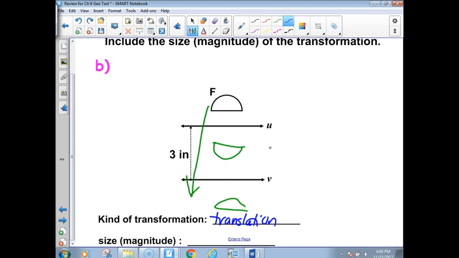And how far is it? It would have gone twice the distance between the lines. So it would be 2 times 3, which is 6 inches. Going from that first figure to the last one would be a 6 inch slide, or translation.